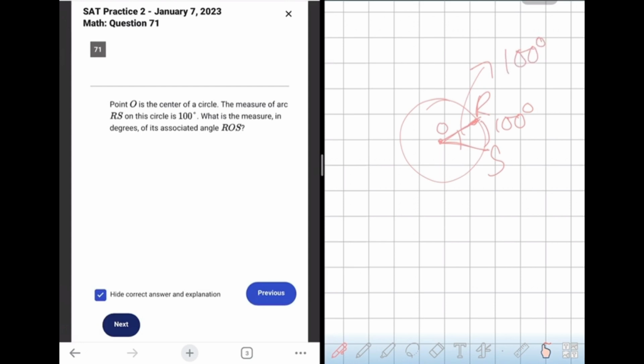So the formula here, try to remember that the central angle must be equal to the arc opposite. Okay.